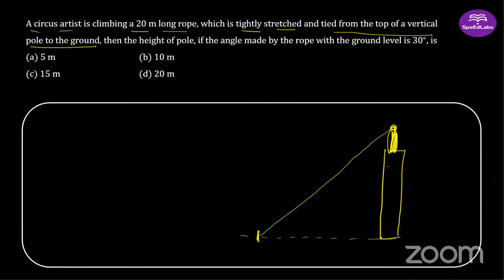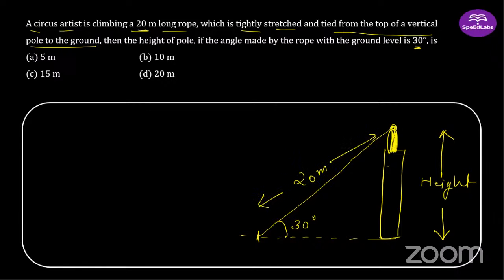The two ends. Now they're asking for the height of the pole. As a question we need to find out this height of the pole, if the angle made by the rope with the ground level is 30 degree. They have given us that this angle is 30 degree, and because the length of the rope was 20 meter, this length would be 20 meter.